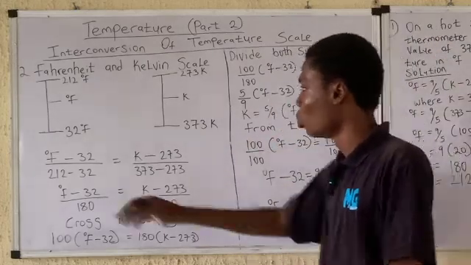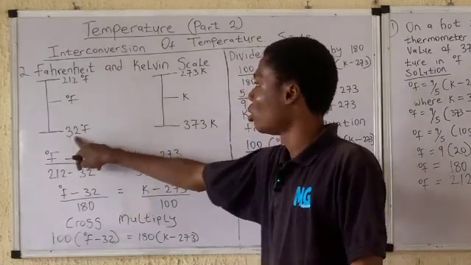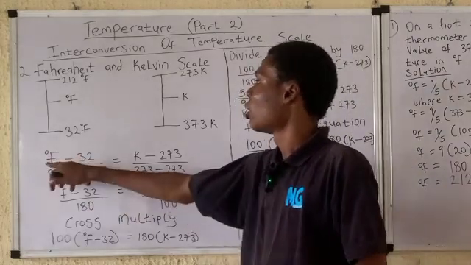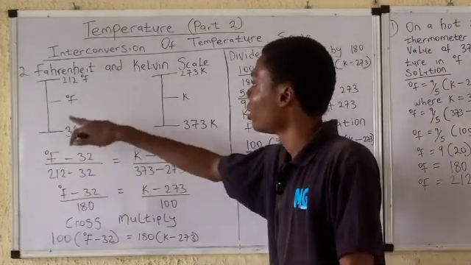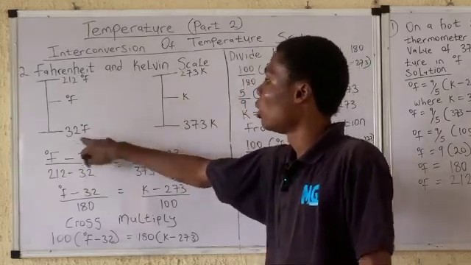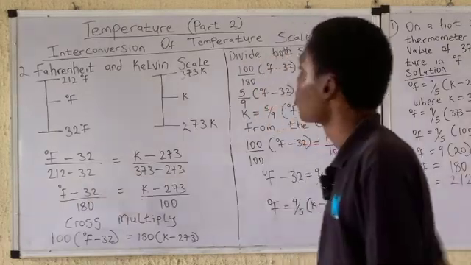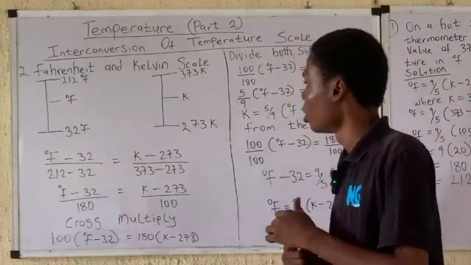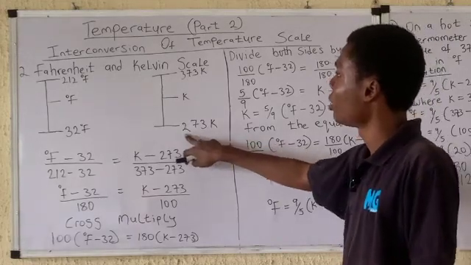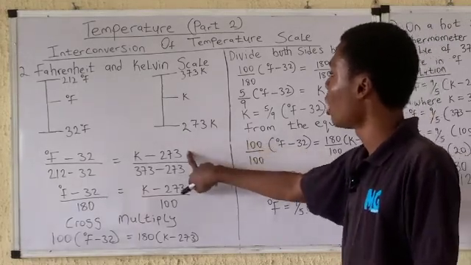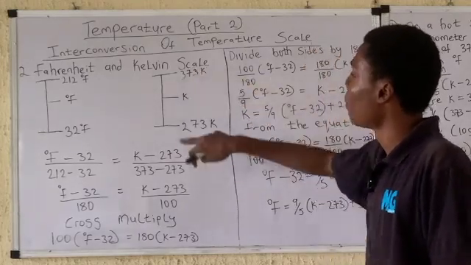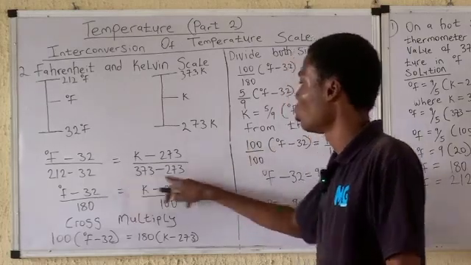Now, using interpolation rule, Fahrenheit minus the lower fixed point, which we have here, divided by higher fixed point minus the lower fixed point, which is 212 minus 32, which we have here. So we move to the Kelvin scale. So we have Kelvin minus the lower fixed point, which is 273, over higher fixed point, which is 373 minus 273, which we have here.